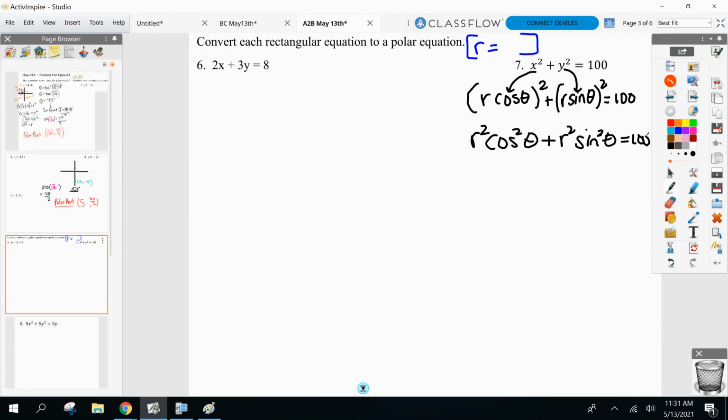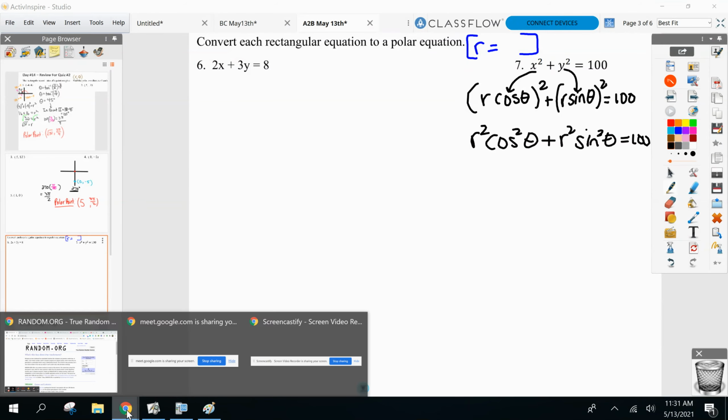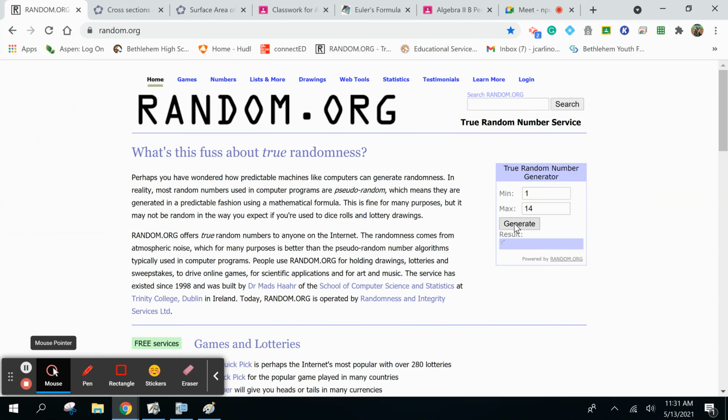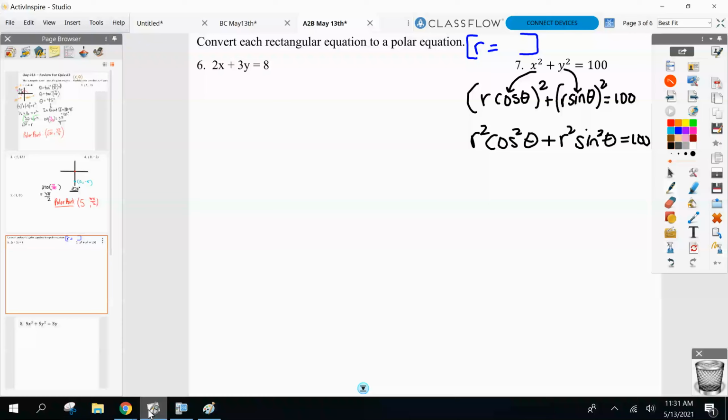All right, do we remember how to get those R squareds into one R there? What's my next move here? They both have R squared in them. What do you think here? Next move? Caroline, next move? Factor them out. Yep, factor out an R squared. So help me out, Caroline. I'm going to take an R squared out.